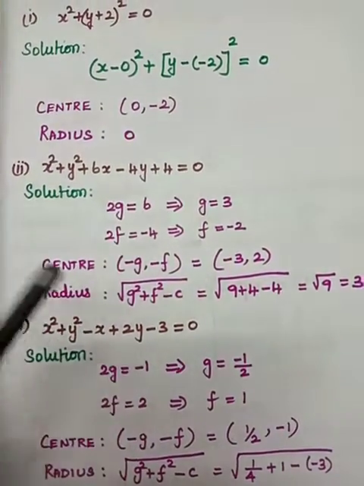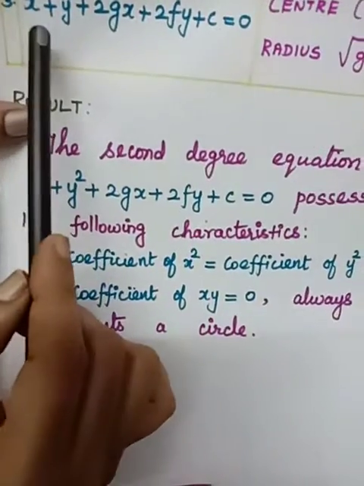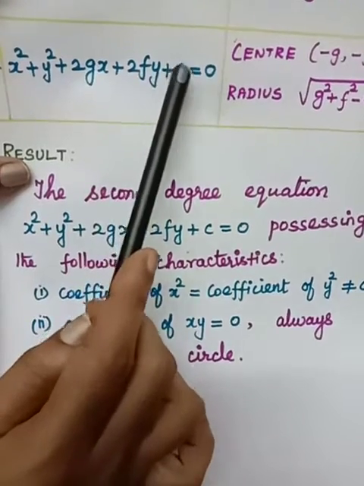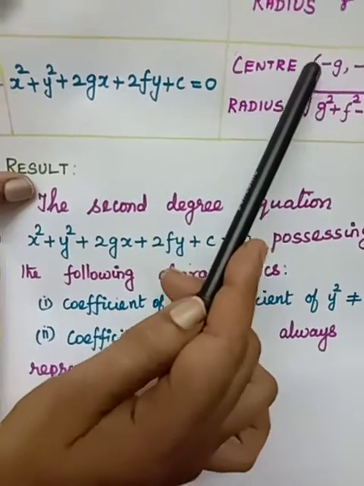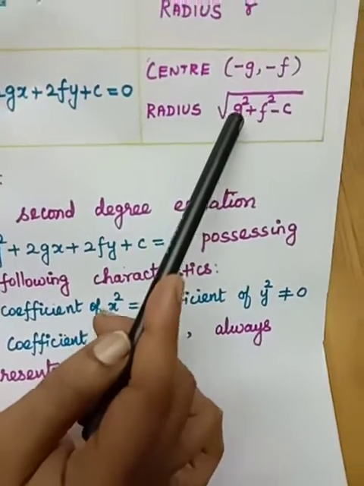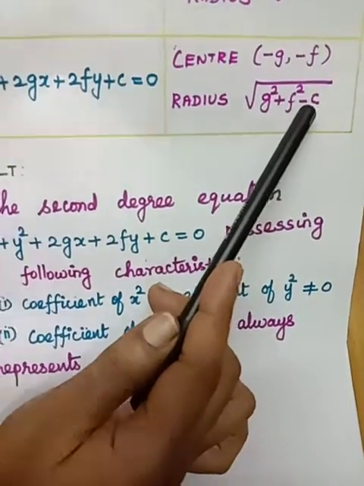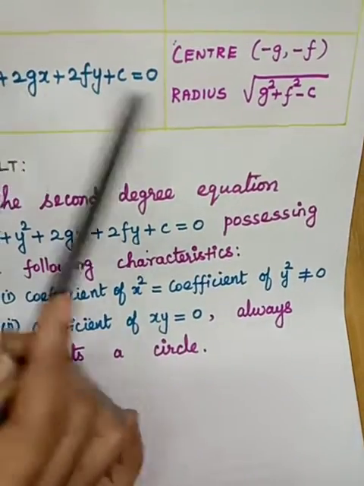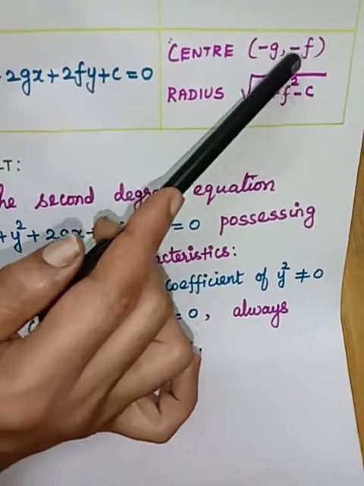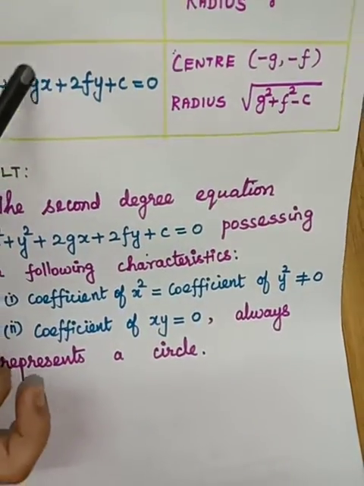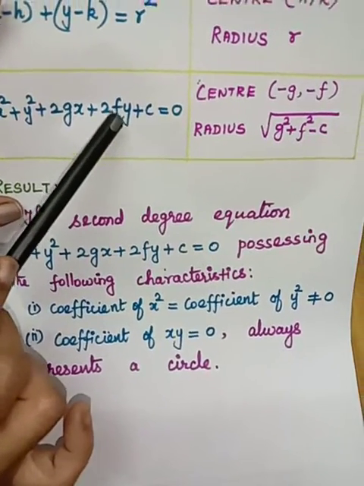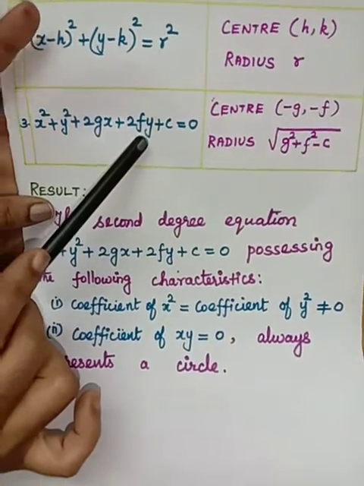How does the equation look? It will be in the form of x squared plus y squared plus 2gx plus 2fy plus c is equal to 0. What is the center? Minus g, minus f. What is the radius? Square root of g squared plus f squared minus c. To find center and radius, what is needed? g and f. 2g is the coefficient of x and 2f is the coefficient of y.